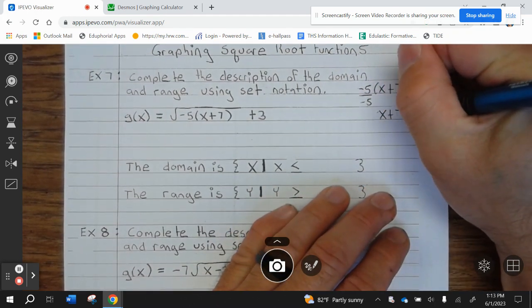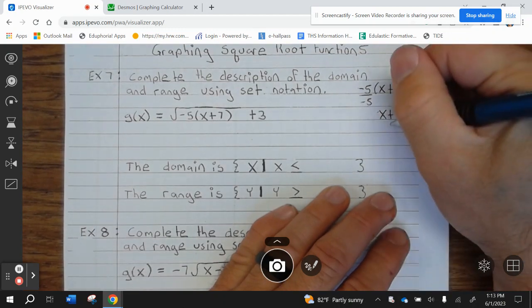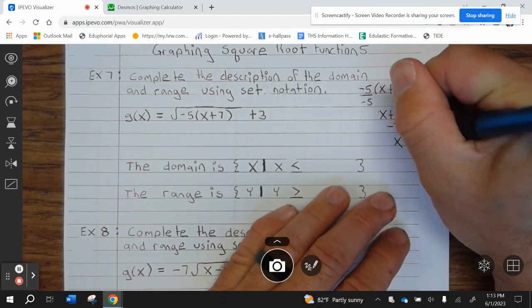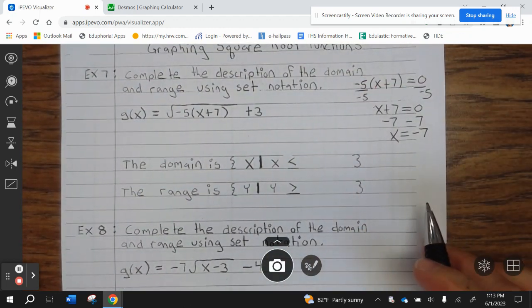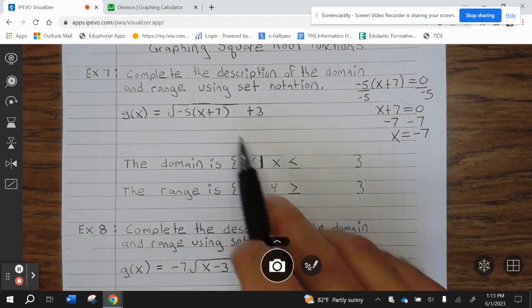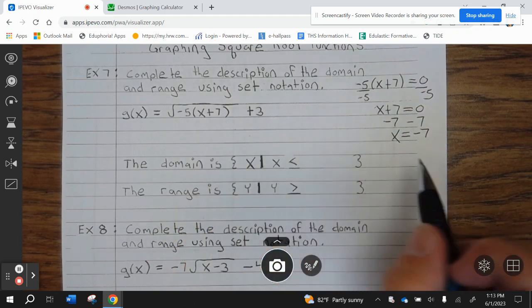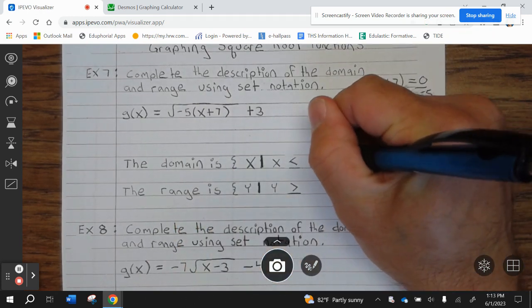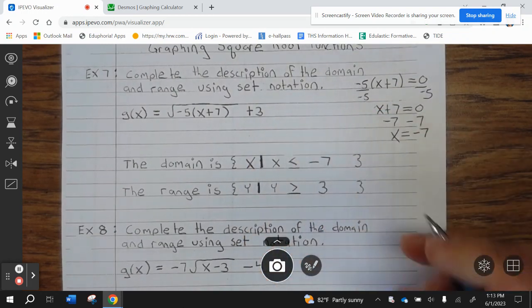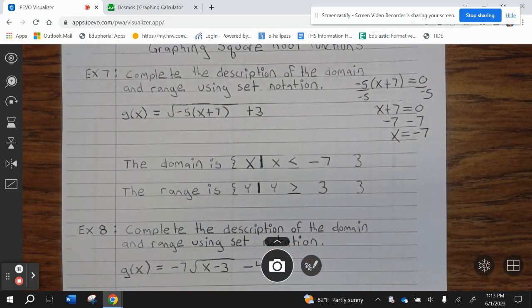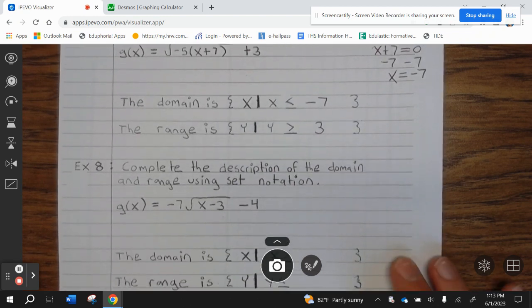X plus 7 equal to 0. Subtract 7 from both sides. X equals negative 7. So your domain, now it's less than because of that negative, because of that reflection. So it's x less than or equal to negative 7. And then the range is this value. All right, go ahead and finish example 7.